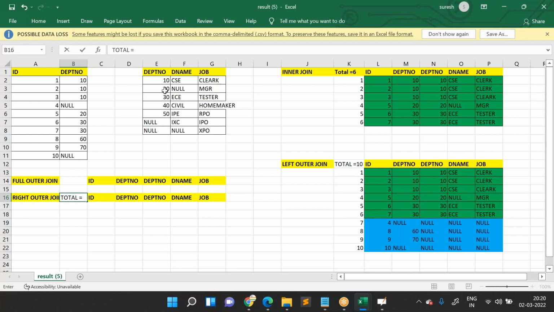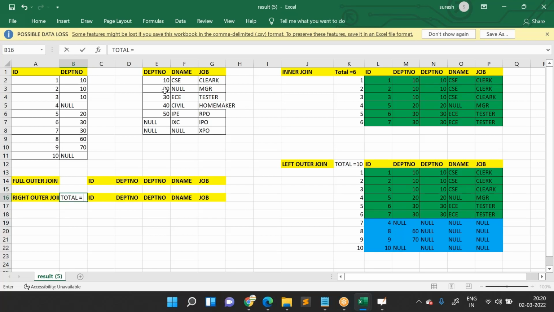10, 20, 30 matching. So 40, 50 and null are not matching. How many total? 10 records. Okay.